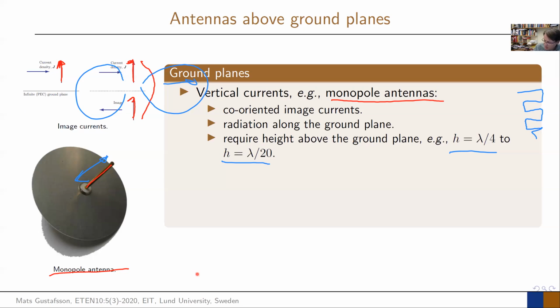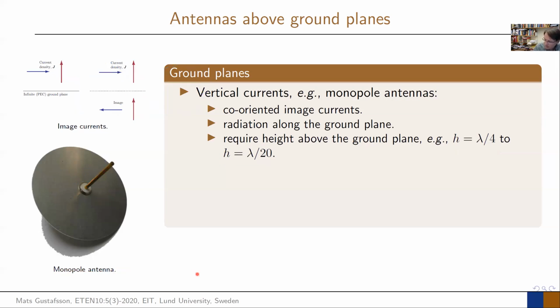The next thing you could think that you would like to have is radiation out from the ground plane. So if I take this again, I had this vertical one, then I had this radiation pattern. Imagine I would like this radiation pattern instead. I would like it to radiate straight out. If your antenna sits on Earth, probably not what you want in most cases, because then you radiate to a satellite or an airplane.